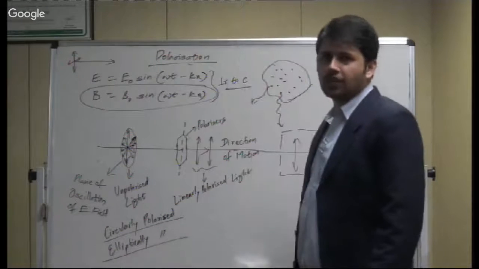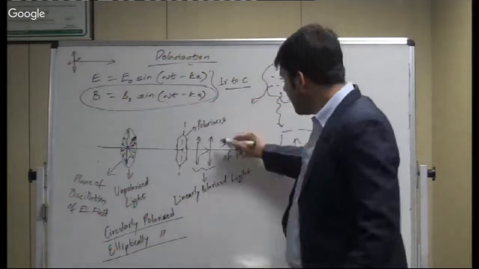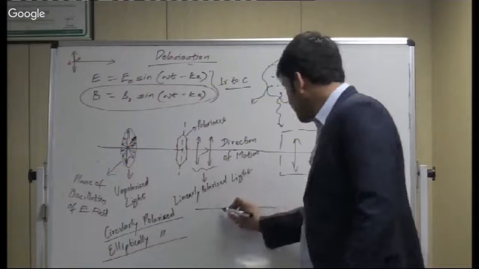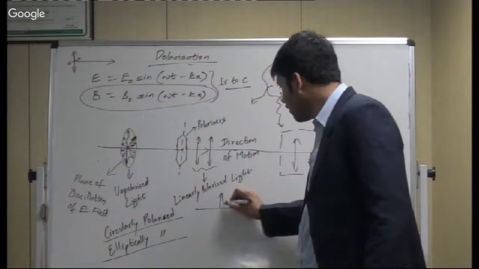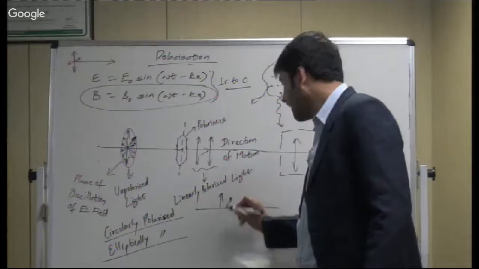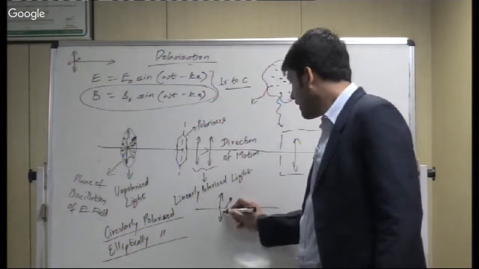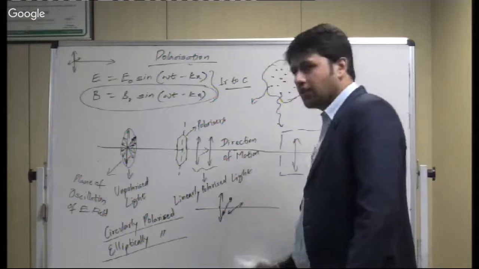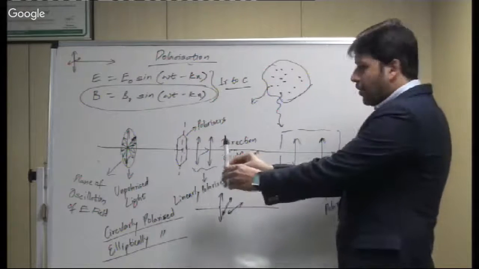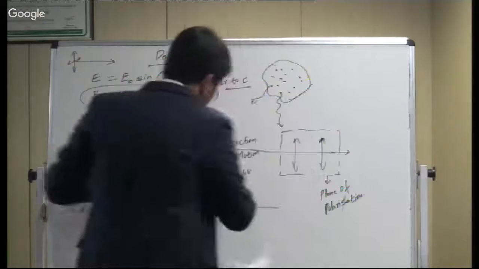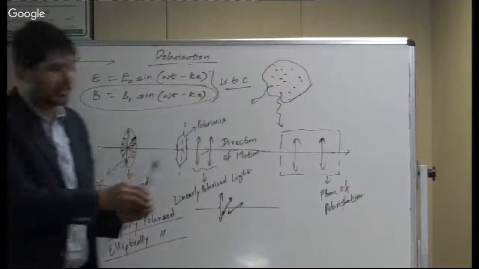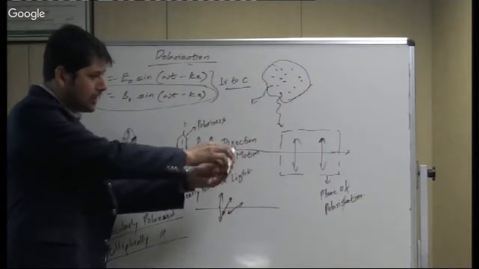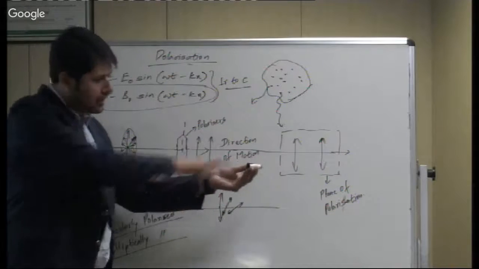In circularly polarized light, the electric field vector which was oscillating in a vertical plane oscillates at one time like this, then at a slight angle, then it tilts further. The propagation is in the positive x direction. At one time the oscillation is like this, at another time like this, and at another time like this.